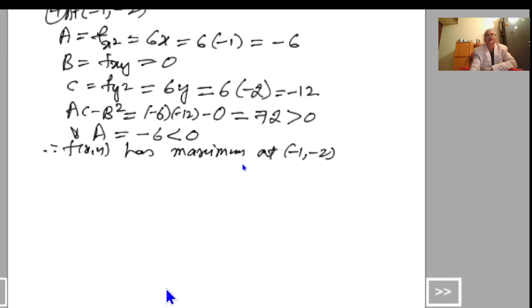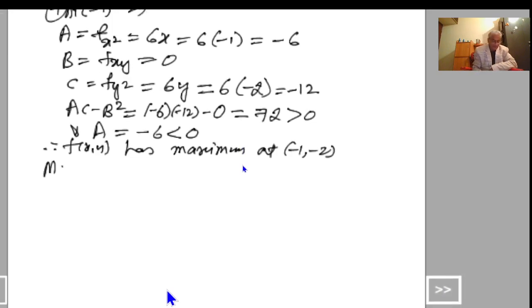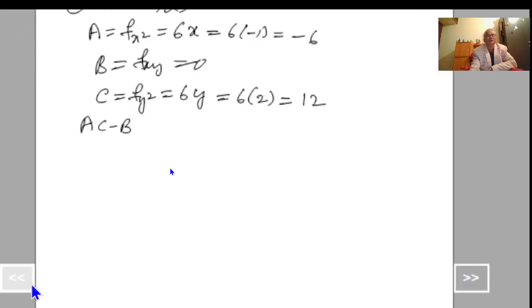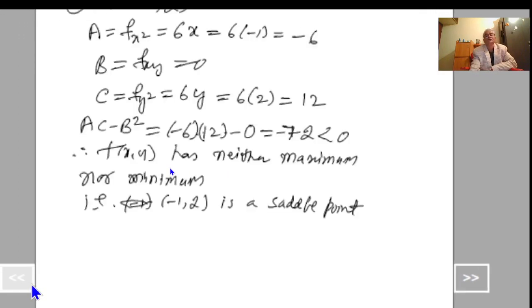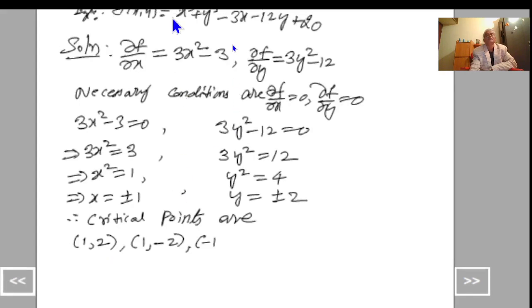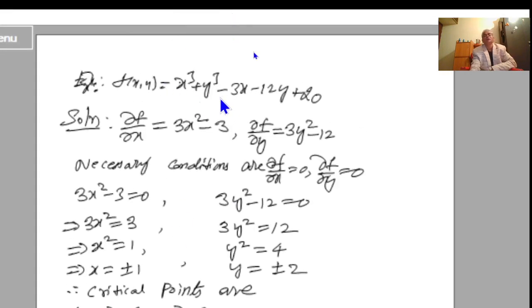Okay. And what is the maximum value? Maximum value of f of x comma y is equal to, what is my f of x comma y? Yeah, this is my f of x comma y. x cube plus y cube minus 3x minus 12y plus 20.